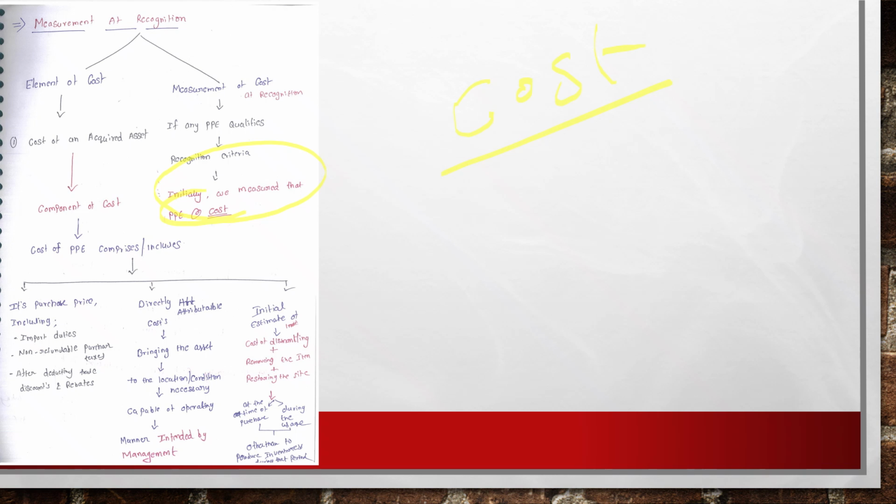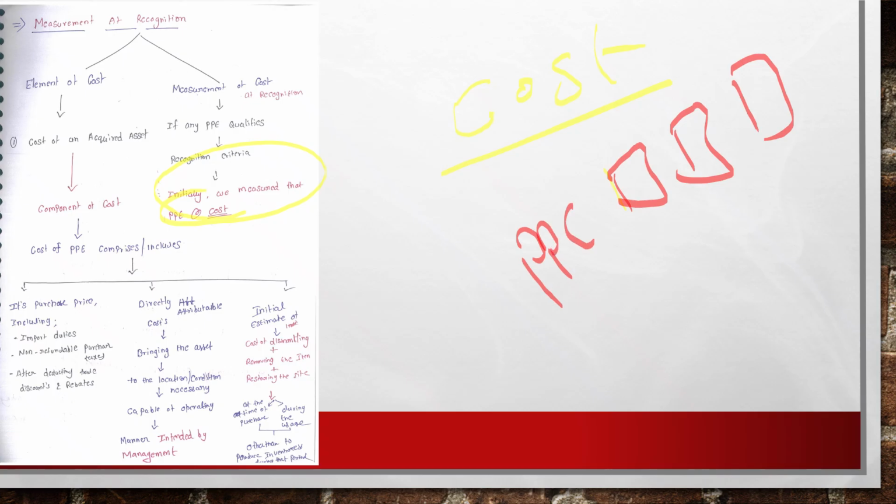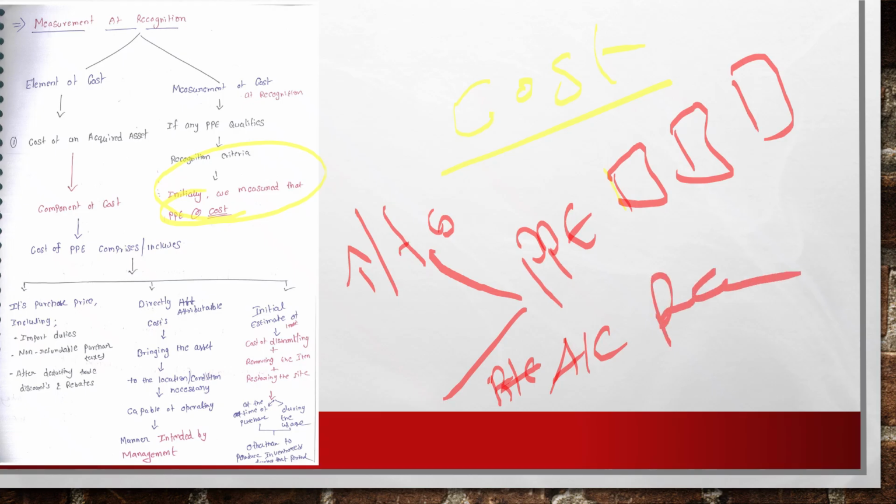Suppose you buy any item, whatever it is, a vehicle or property or whatever PPE we call it, which qualifies the recognition criteria: it is used for more than one accounting cycle, future benefits flow to the business, and it can be accounted for reliably.